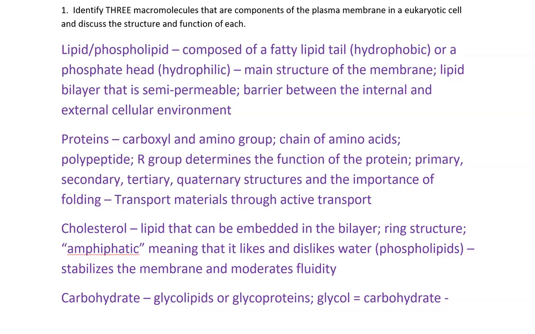And then the function of that is actually, there are two different functions. One of them is for cell recognition. It's like a name tag for a cell so that they can recognize each other.